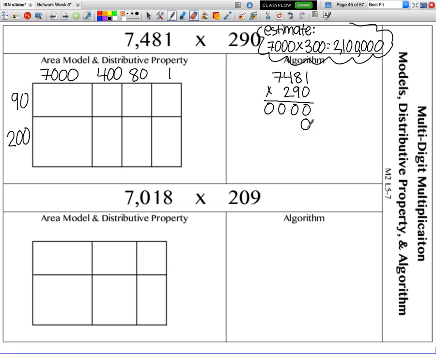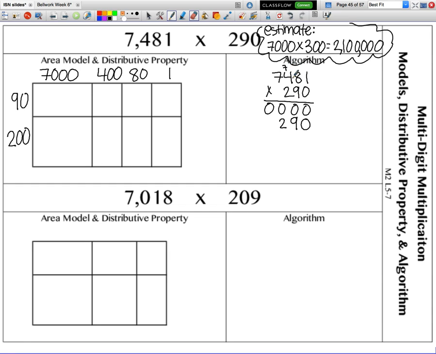And now we multiply just like normal. 9 times 1 is 9. 8 times 9 is 72. Carry my 7. 4 times 9 is 36. Wait, hold on. Having a brain fart. Rewind. Wait. 8 times 9, there we go, is 72.